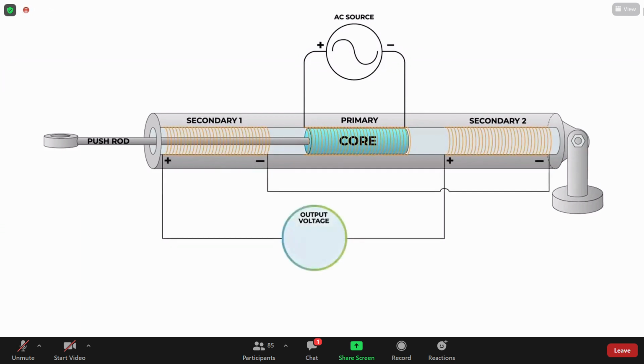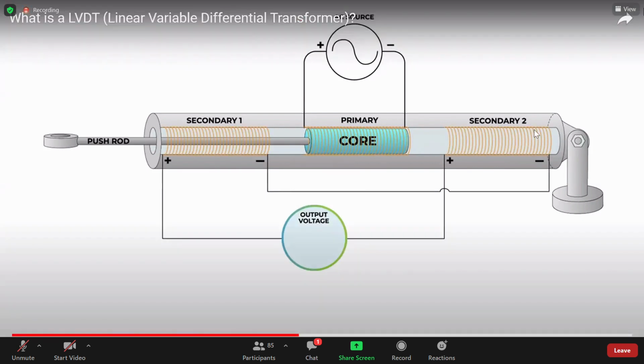The two secondary coils are connected in series, generating an AC output voltage. We have to connect a voltmeter to the secondary coils. If you observe, two connecting wires are coming to the voltmeter, one from secondary one and another from secondary two.